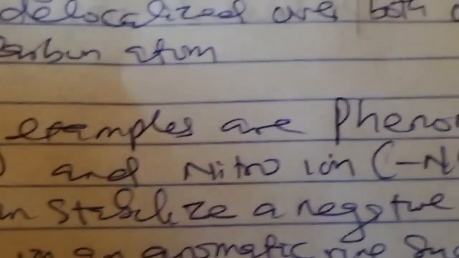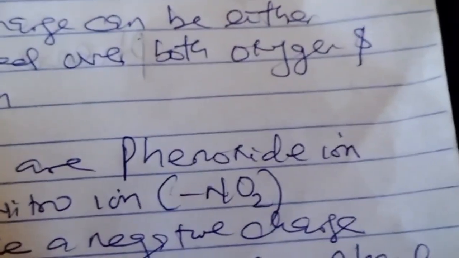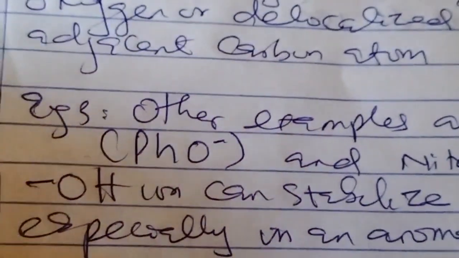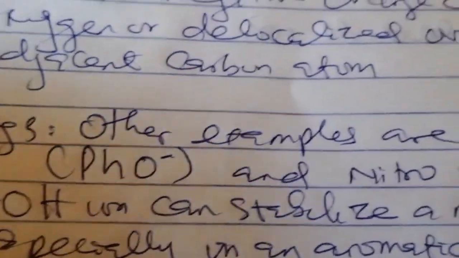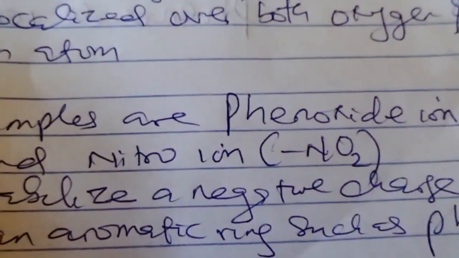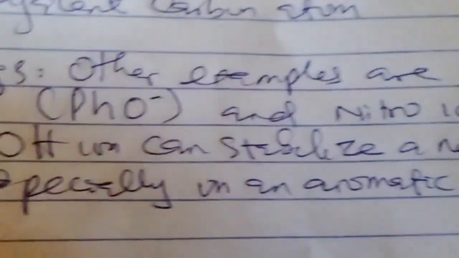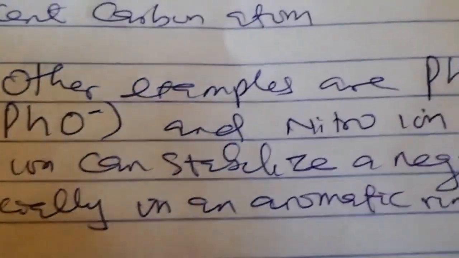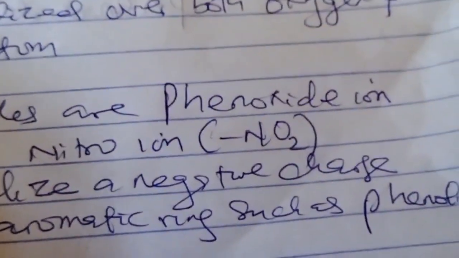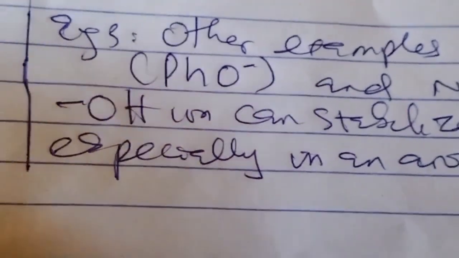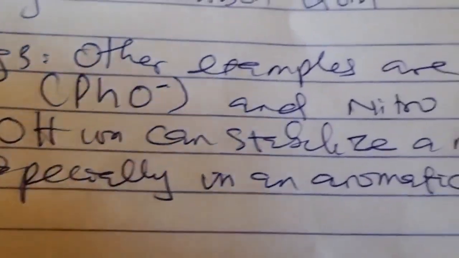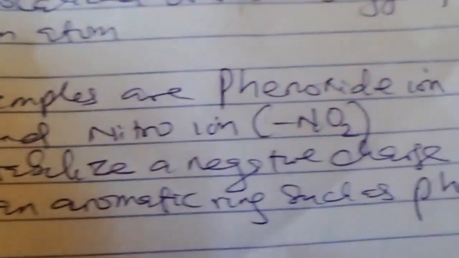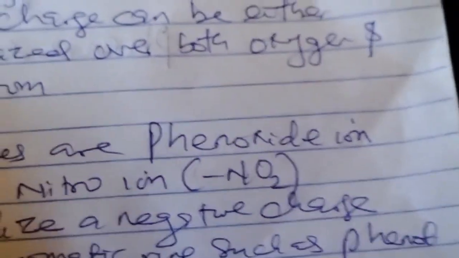Other examples are the phenoxide ion, PhO⁻, and the nitro ion, NO2. So the oxide ion can also stabilize a negative charge, especially when it's bonded to aromatic rings such as in phenol.